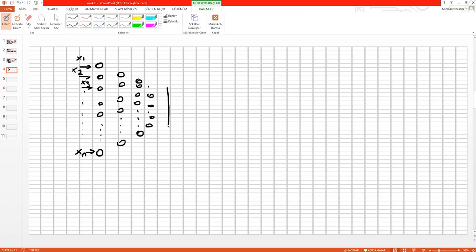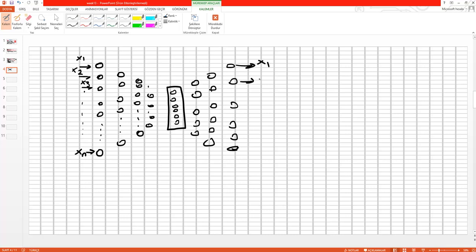After that we can generate some patterns in here with the neurons, but the smallest number of neurons can be considered in here. After that, if we grow the neural network with the identical features, x1, x2, x3, x4, up to xn can be generated in here.